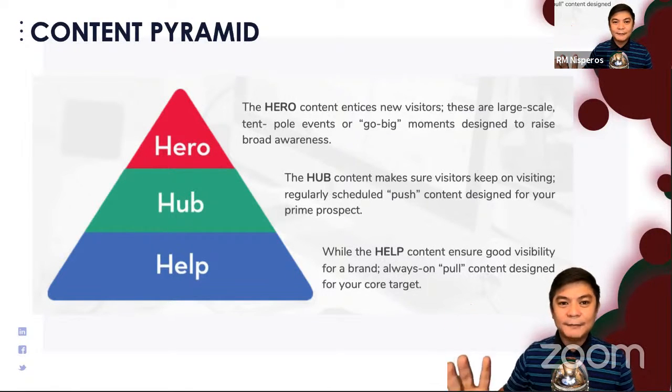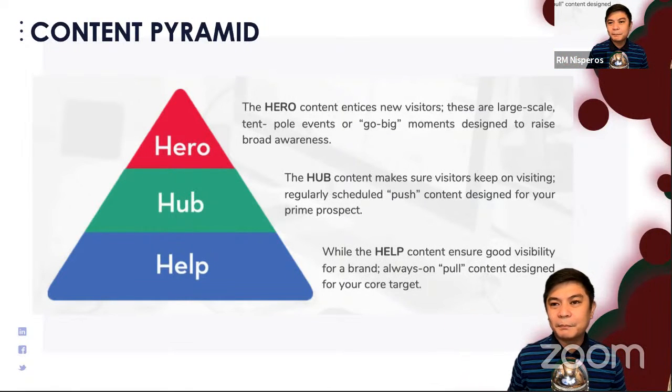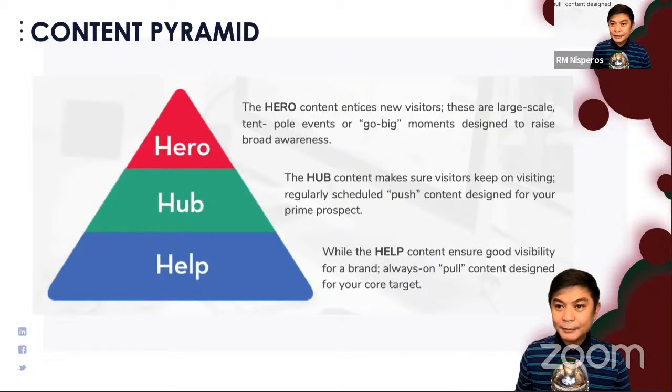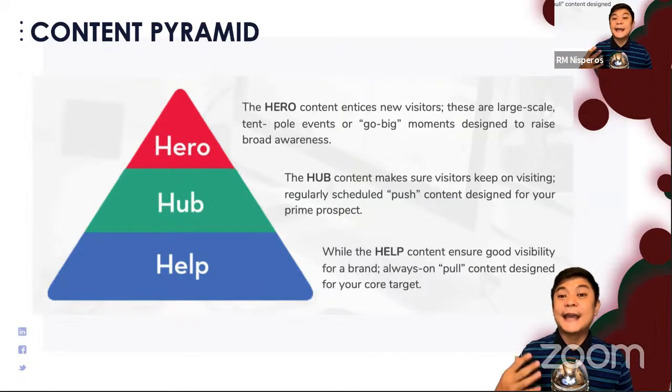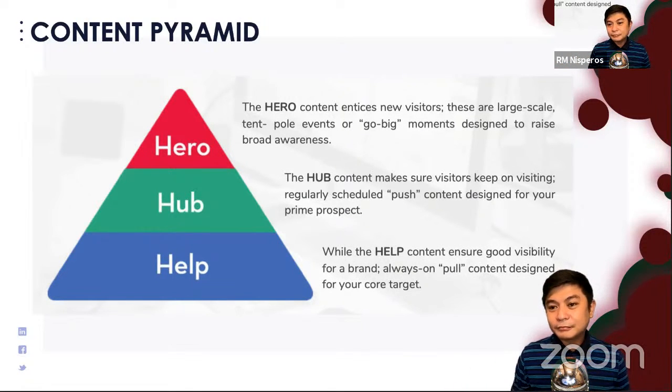So those are the content types that you need to be mindful of. It's a pyramid setup because much content is needed for the help segment. Hub is the second section with the next highest content. Hero is just a one-off thing.